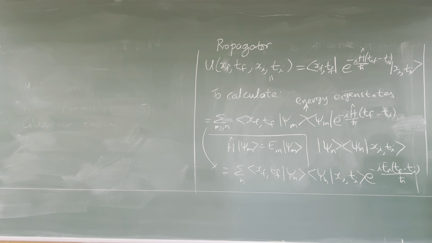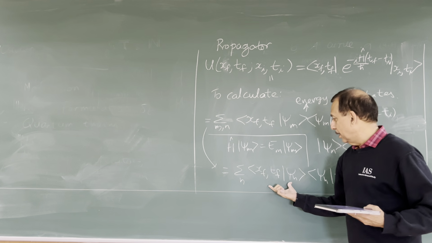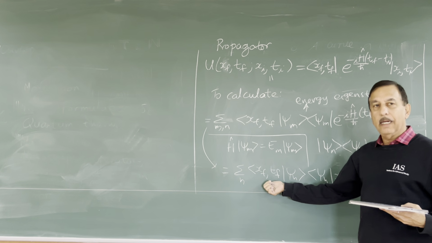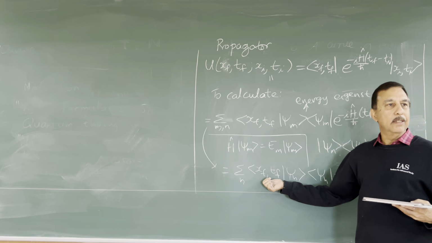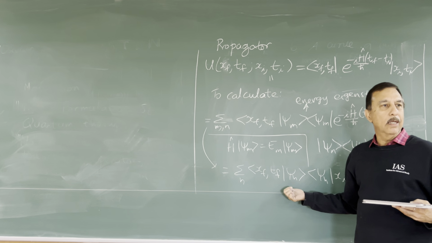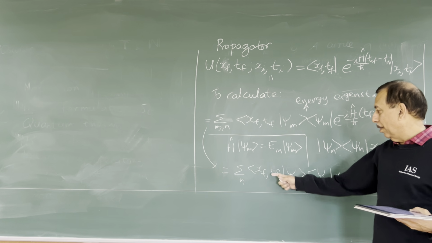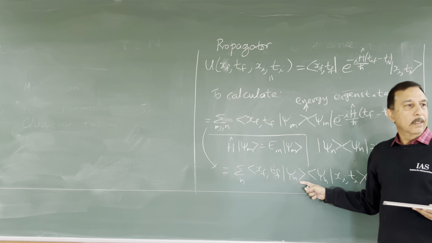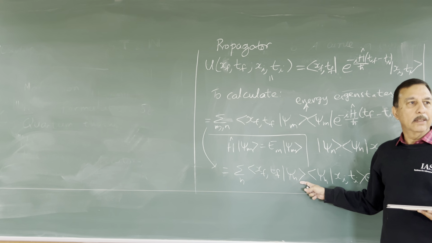But anyway, the main point is that what is this? This is the overlap of the stationary state with the position eigenstate. So in position basis, if you know the stationary state, then you already know this. This is nothing but the position basis energy eigenfunction. That's the definition of this.